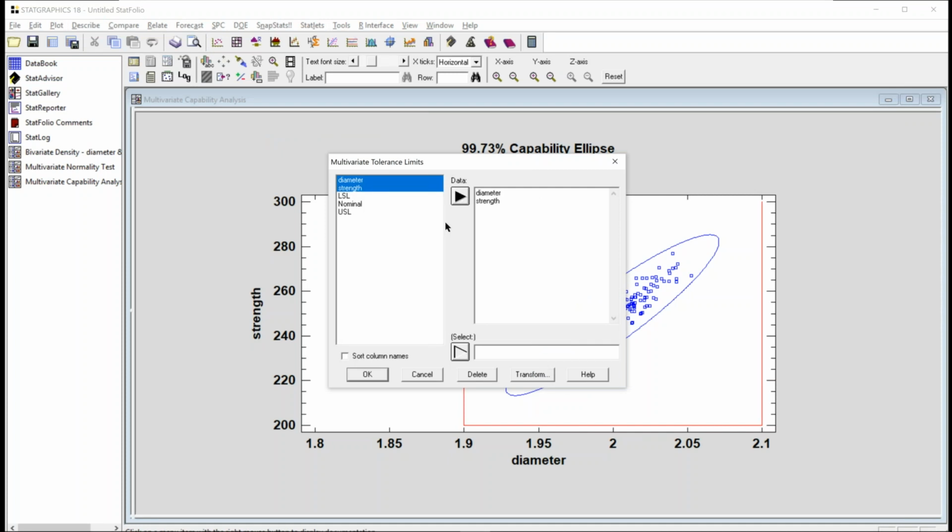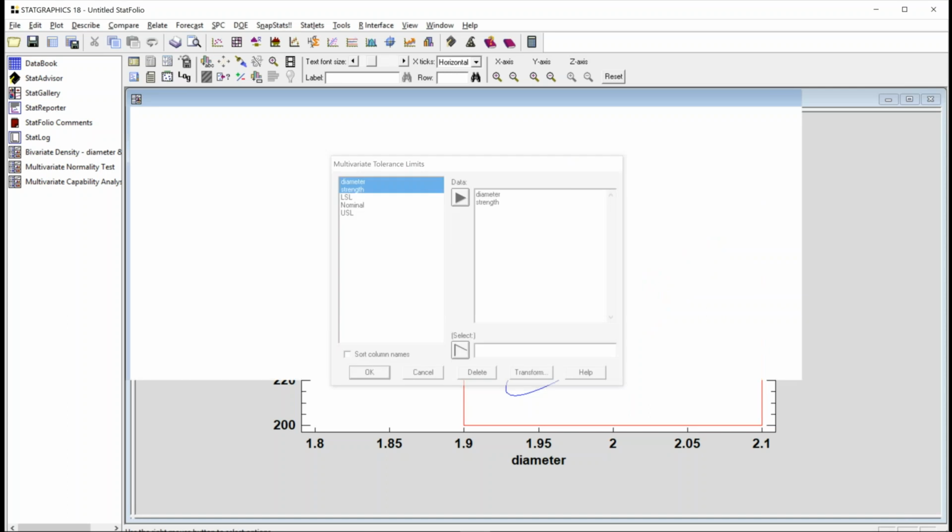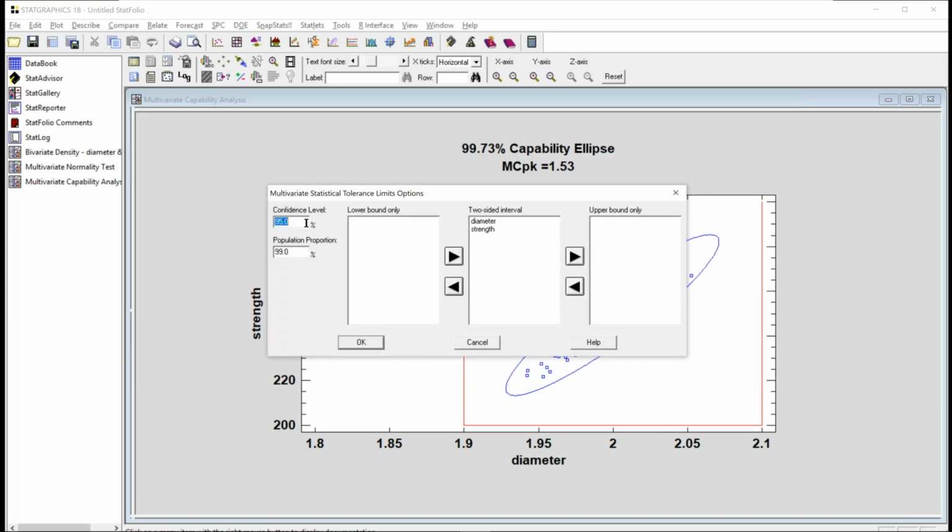Those are the two variables for which I want the limits. On the next screen, I can specify my level of confidence and the proportion of the population I want to bound. So I can tell it, for example, I want to bound 99% of the population with 95% confidence.